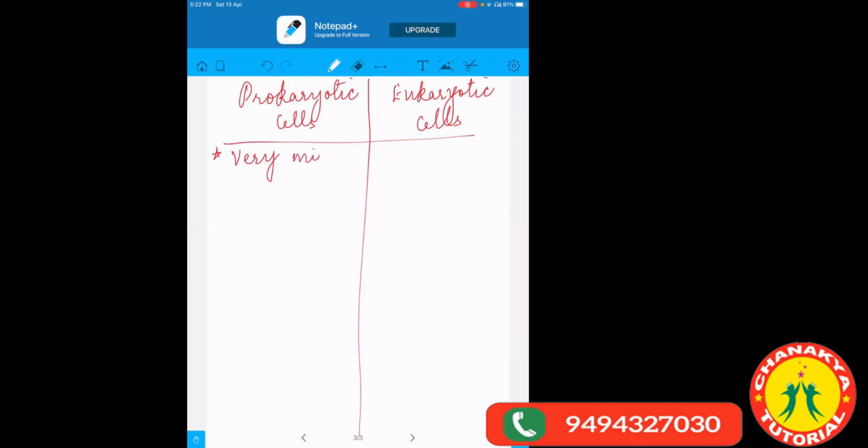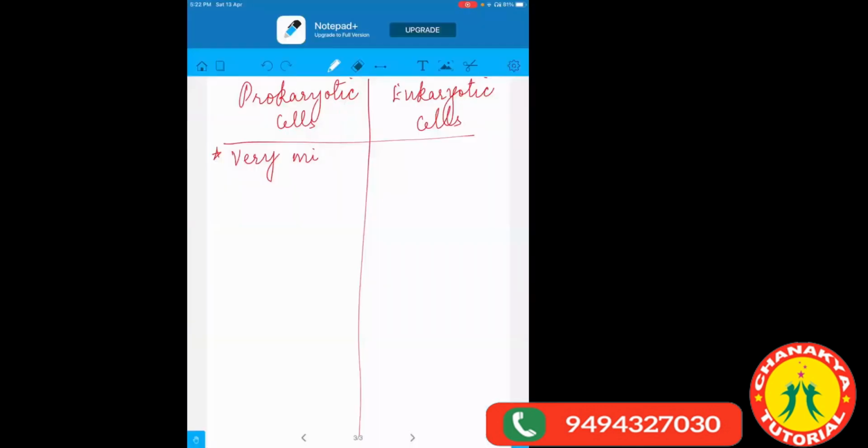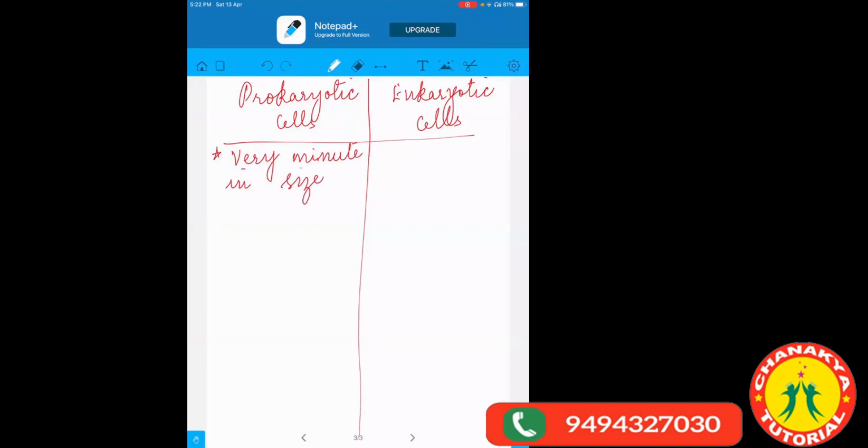Can you see the bacteria? No. So prokaryotic cells are always very minute in size, whereas eukaryotic cells are fairly large in size, like us. You can see humans and other animals very clearly. So eukaryotic cells are fairly large in size.